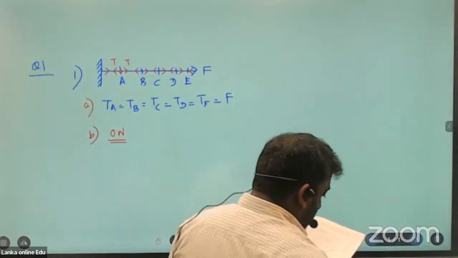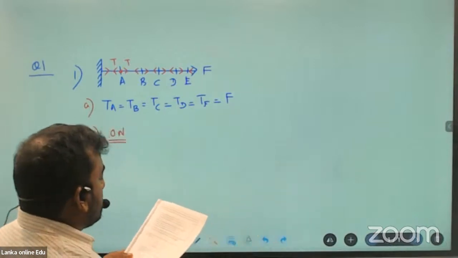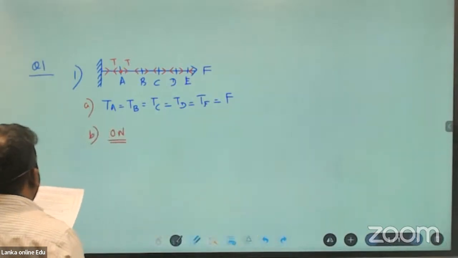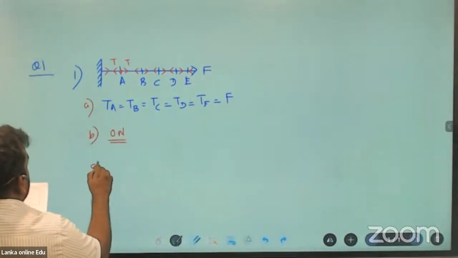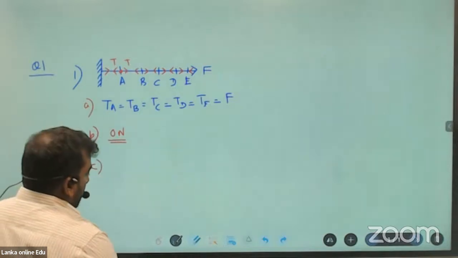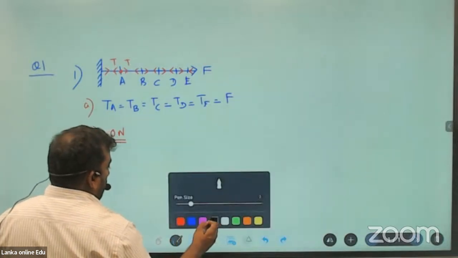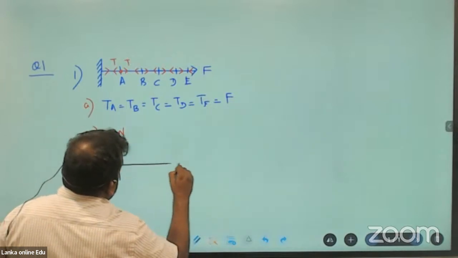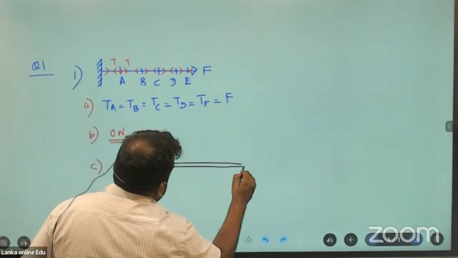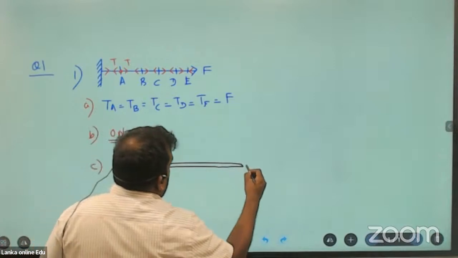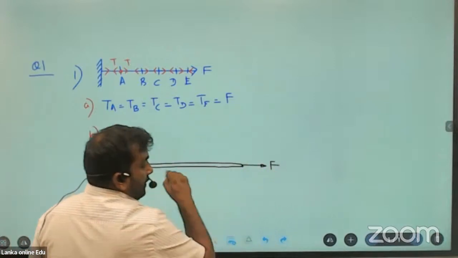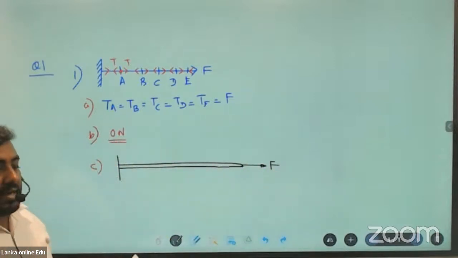Part C. Tension at A, B, C, D if it is a heavy rope. Let's say it's a heavy rope, we'll draw it. I'm applying a force F, and this is horizontal. Now we have done the sonometer.